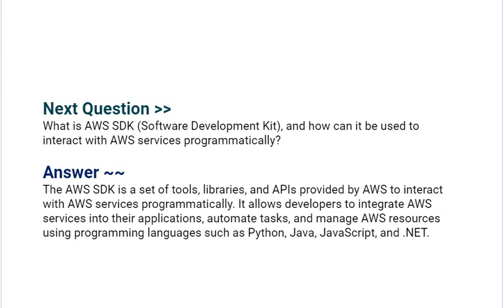Your answer should be: the AWS SDK is a set of tools, libraries, and APIs provided by AWS to interact with AWS services programmatically. It allows developers to integrate AWS services into their applications, automate tasks, and manage AWS resources using programming languages such as Python, Java, JavaScript, and .NET.